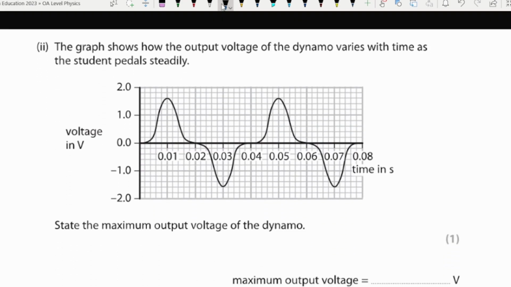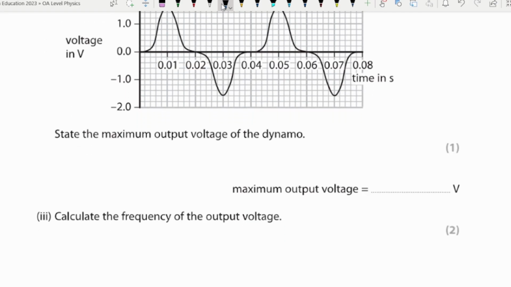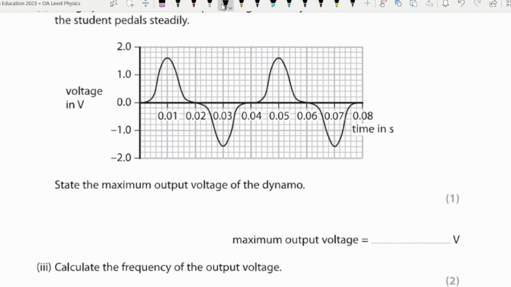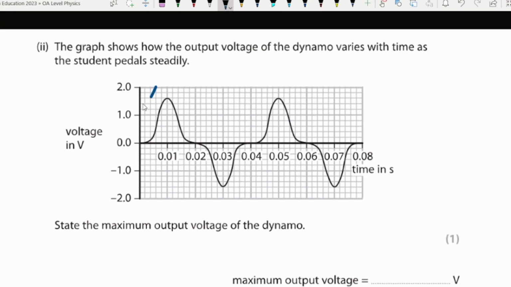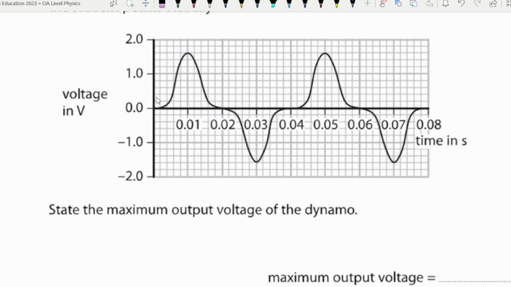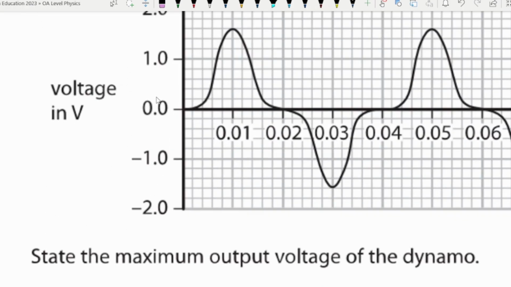The graph shows how the output voltage of the generator varies with time as the student pedals steadily. State the maximum output voltage of the generator. So we just need to read the graph from here. So check it out.